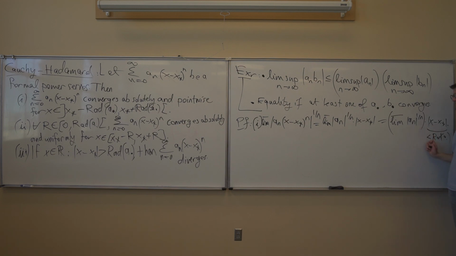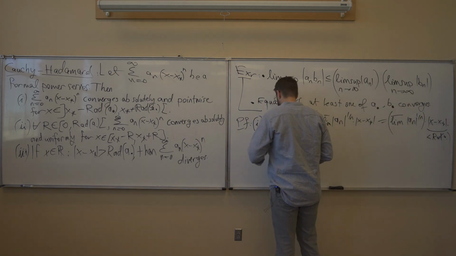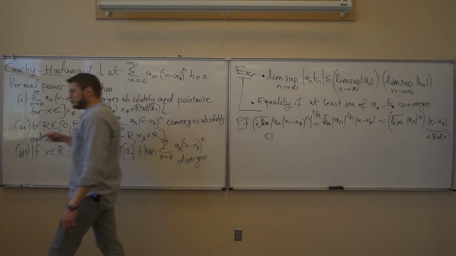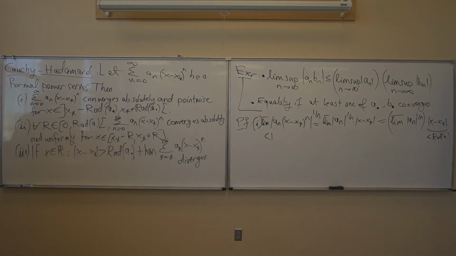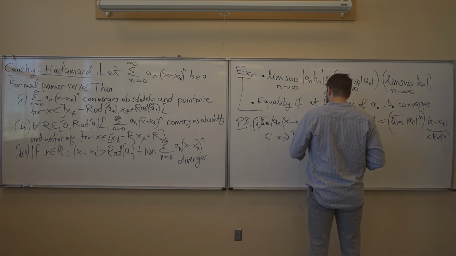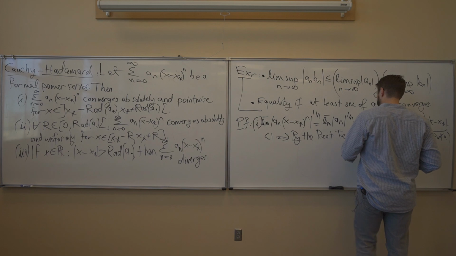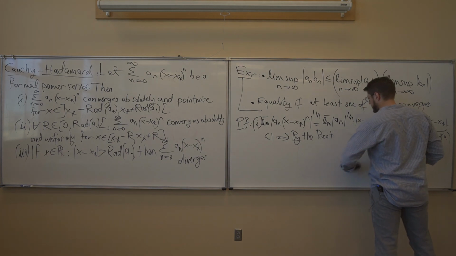In any event, if you were to multiply both of these, you're going to get some number that is strictly less than 1. Which means that by the root test, this guy has to converge absolutely. Test, we're done.